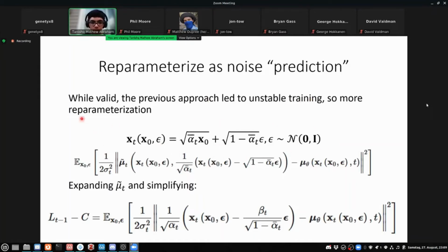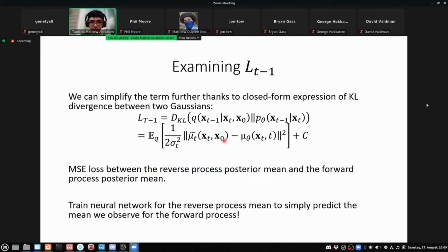The important part now is that we can plug that into some of these equations, for example, for the mean. Here we have xt and x0.